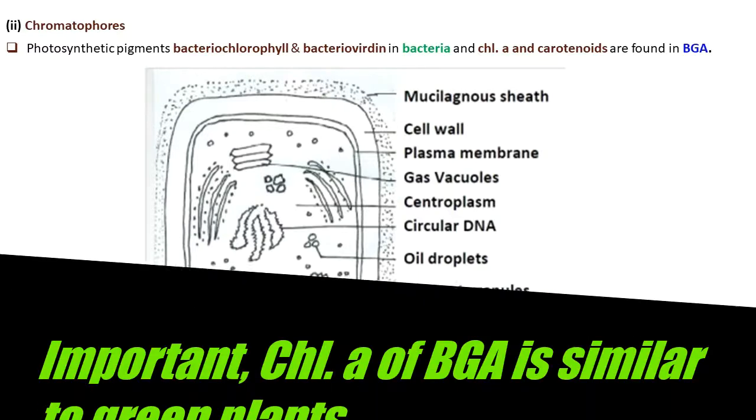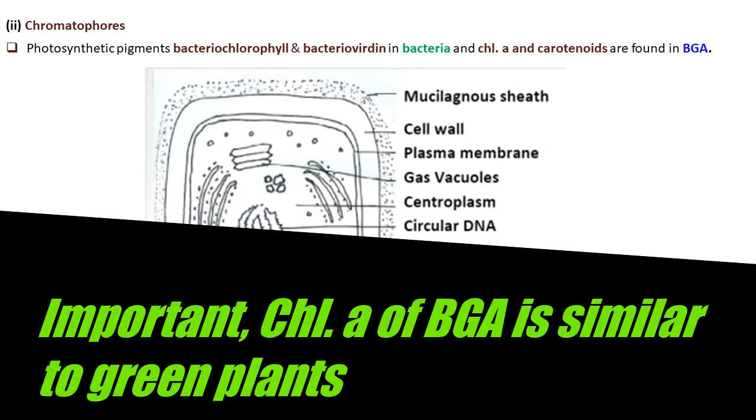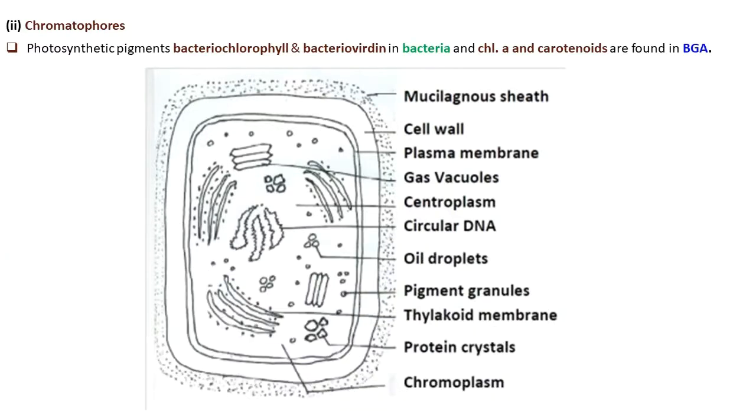Because in the blue-green algae, BGA, the chlorophyll A is present, and that is similar to green plants, like that of photosynthetic higher plants, which have this pigment.